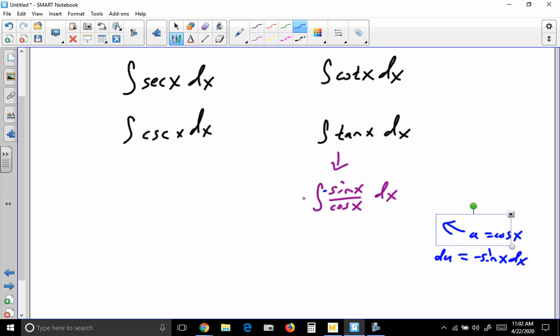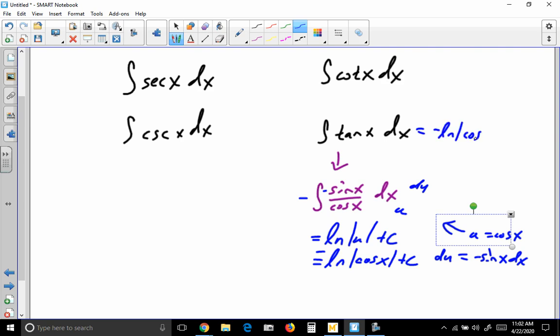So if we were to put a minus here and a minus here, then we have du on top, u on bottom, and that integrates into natural log absolute value of u plus c. So u is cosine x. And we have the negative out front. So that's the integral of tangent: negative natural log absolute value of cosine x plus c.